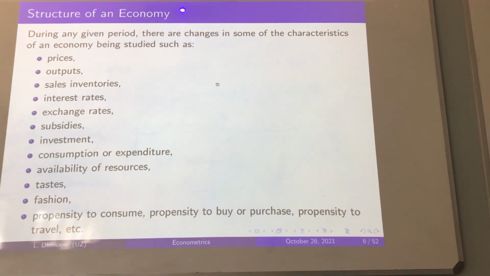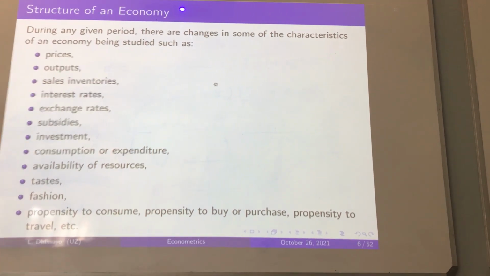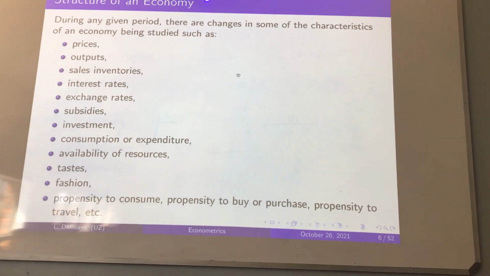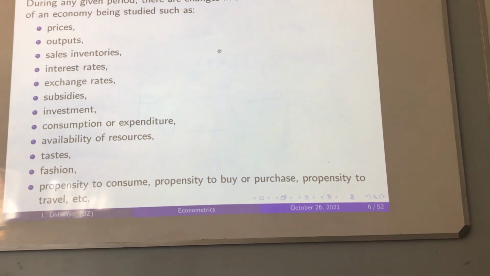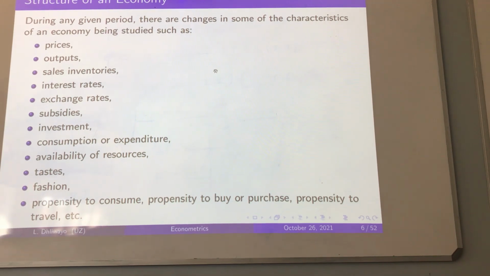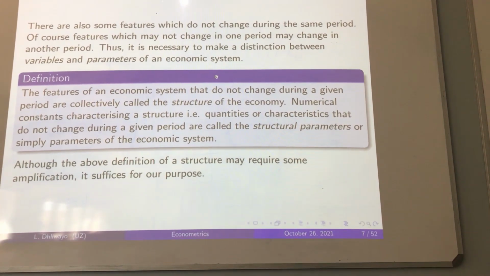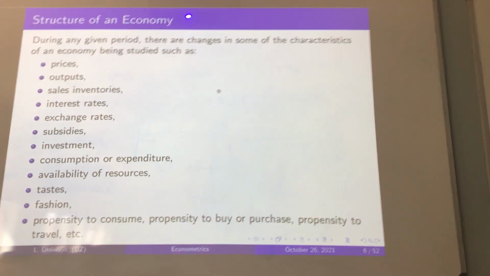Outputs, sales, inventories, interest rates, exchange rates, and so forth, investment, consumption or expenditure, availability of resources, taste, fashion, propensity to consume, propensity to buy or purchase, propensity to travel. All these constitute what we call the structure of the economy.